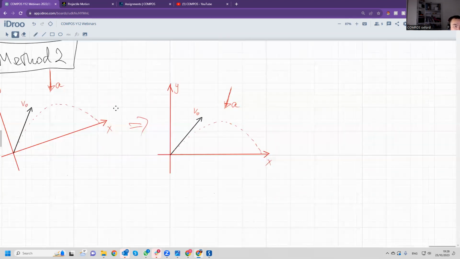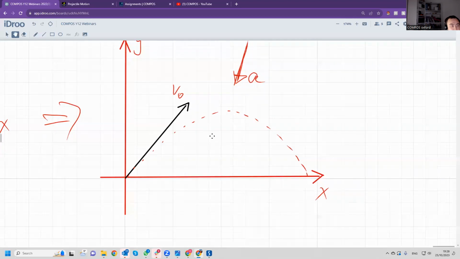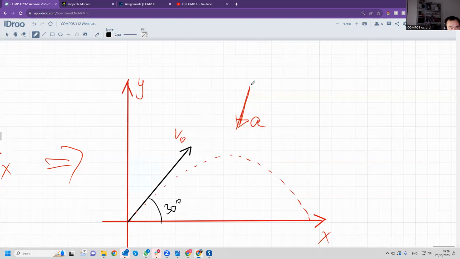Now, in this frame of reference, this angle is no longer 60. This angle is 30 degrees. And the acceleration is no longer vertical. The acceleration is at an angle, and this angle is 30 degrees. So my velocity is 20 cos 30 and 20 sine 30.